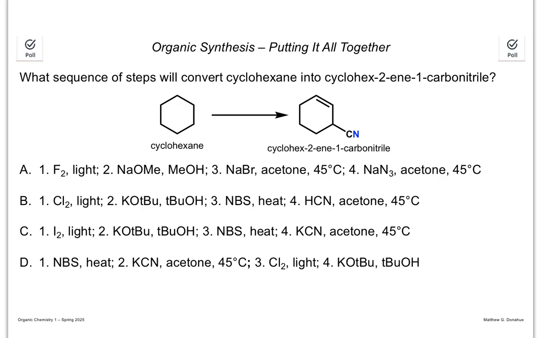So this question here, it's called putting it all together. I'll let you work through this one. This is basically using all the reactions that you've learned from modules 4 and 5 now to start with cyclohexane and then make that target molecule.